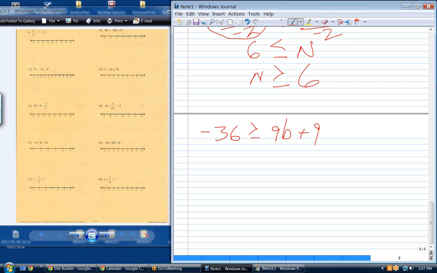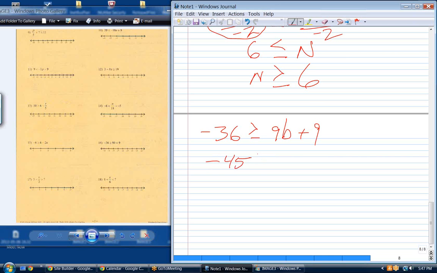So, negative 36 is greater than or equal to 9b plus 9. Alright. So first you do negative 36 minus 9, which would be plus negative, so it'd be negative 46, negative 45, my bad.